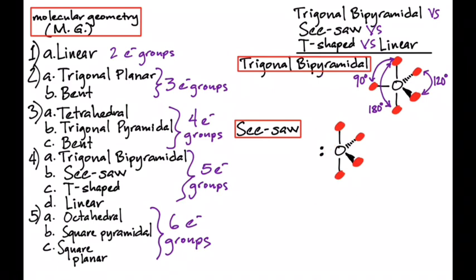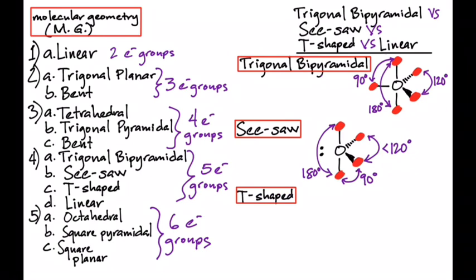If you have 2 lone pairs of electrons, well, let's talk about the bond angles. So the bond angle between these 2 terminal atoms here would still be 180 degrees. And then the bond angle between these 2 will be less than 120 degrees. All right, replacing one of the equatorial terminal atoms with a lone pair would create a T-shaped molecular geometry.